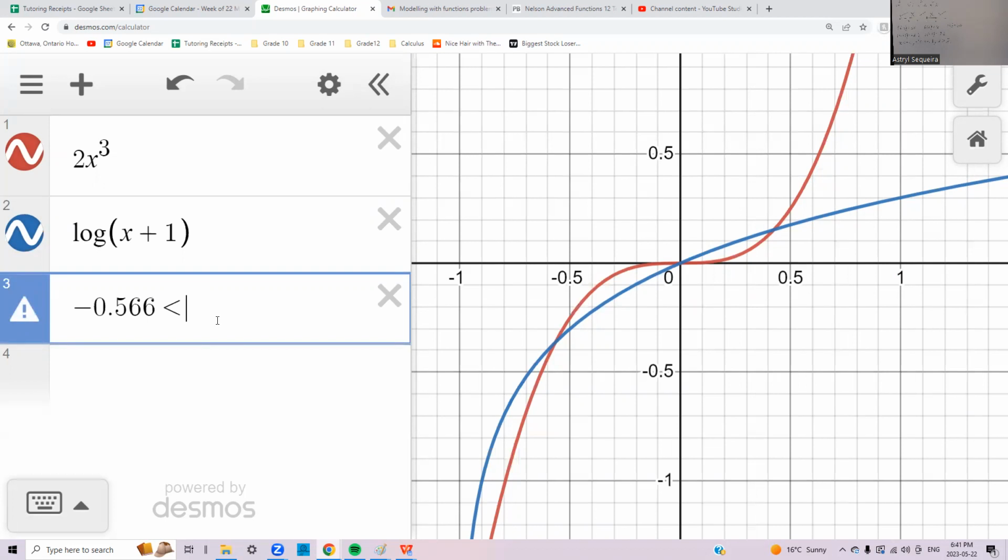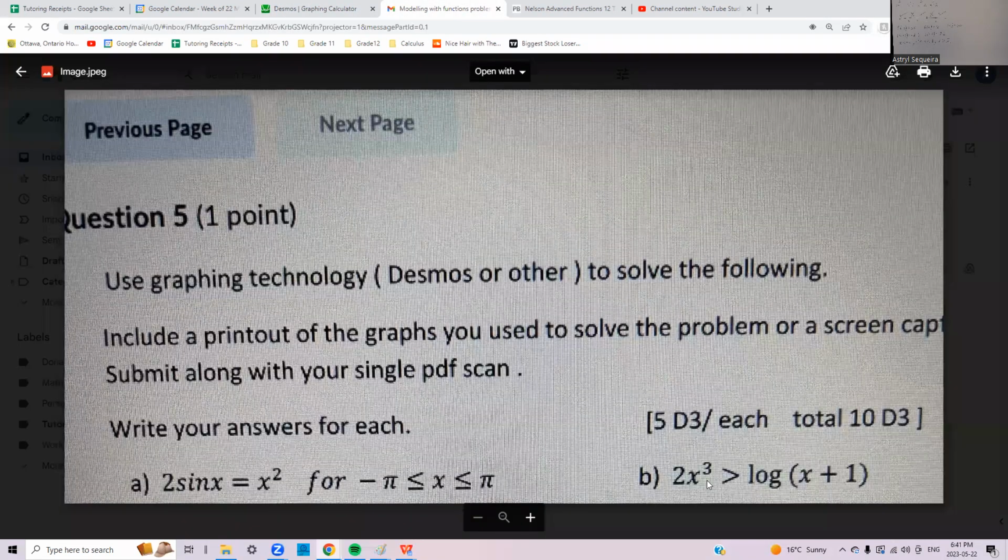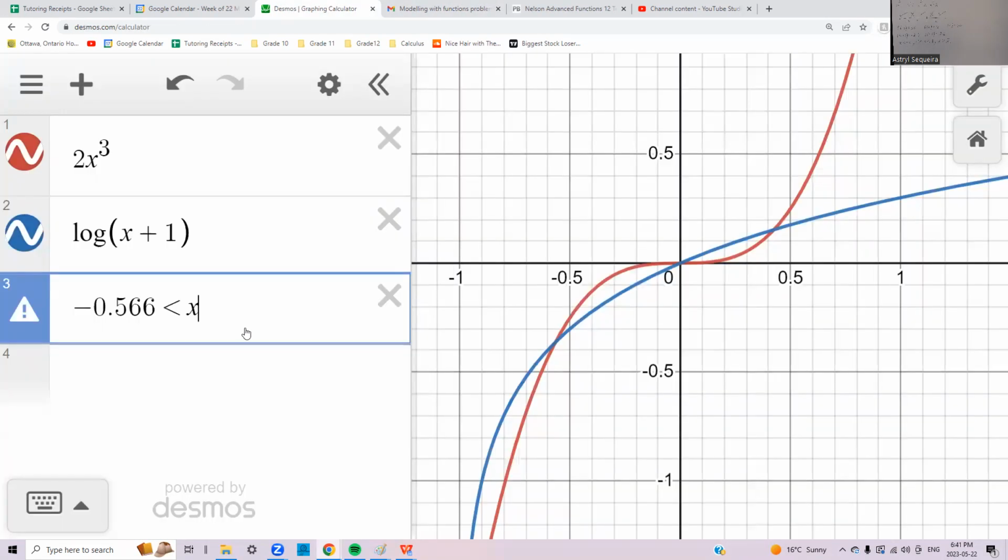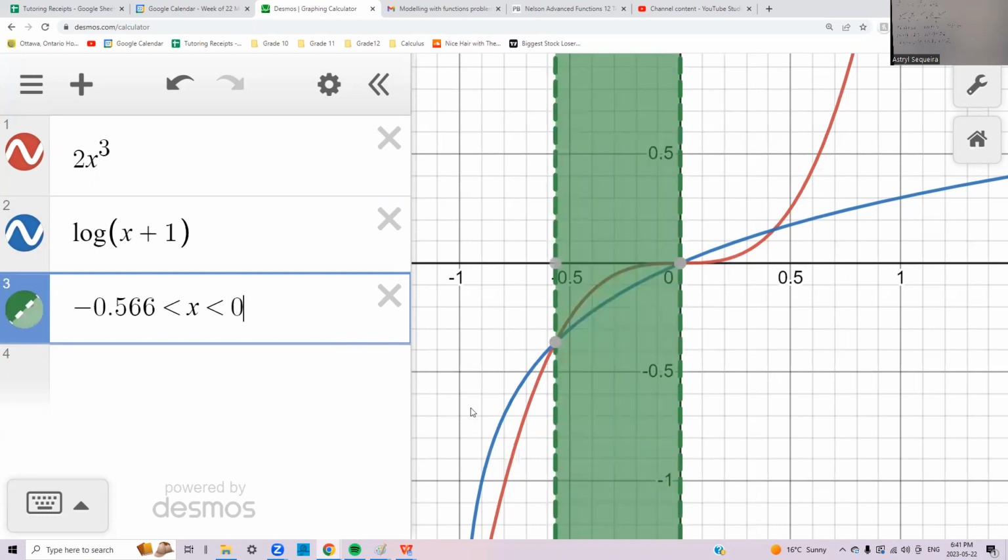Just less than, because there was no equal sign in the question. And less than this point over here, which is 0. Desmos is just highlighting the range of solutions, but technically in your answer, there won't be anything like that. But this is our first solution over here.